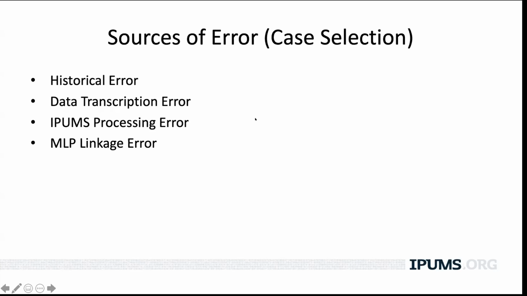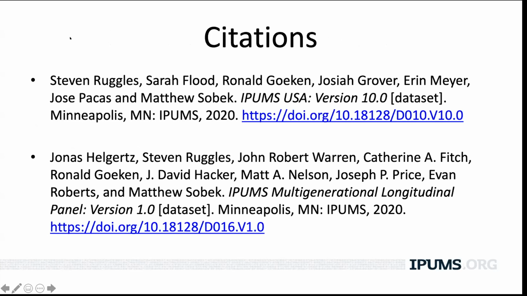I've got 2 minutes left, so I'm going to finish up real quick. If you use our MLP data, you should cite it appropriately. If you're downloading IPUMS USA data, cite the IPUMS USA data, but then also cite the IPUMS MLP data as well. You should do it for two reasons. It's the holidays, so we'll call it the naughty or nice list.